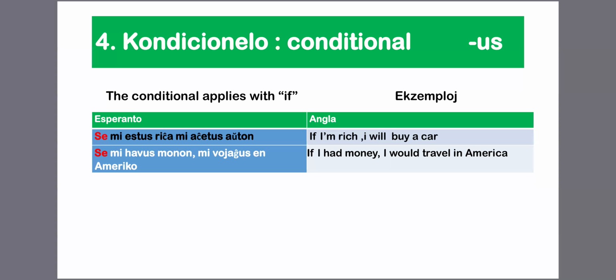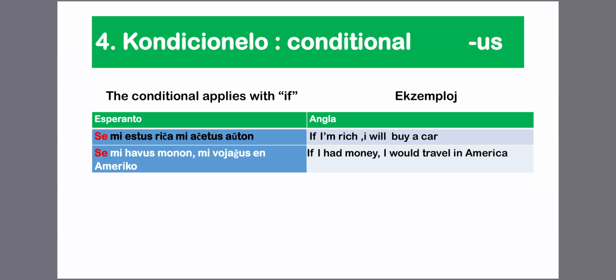Se mi estus riĉa. Esperanto is very easy. I don't need to say "will" or "I am", as we do in English. But if you only put US, automatically it's a condition. Se mi estus riĉa, mi aĉetus aŭton.